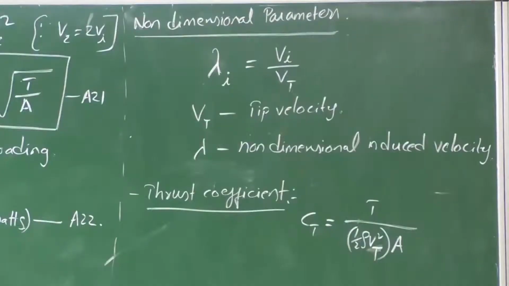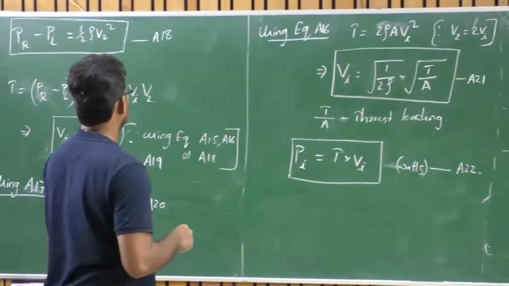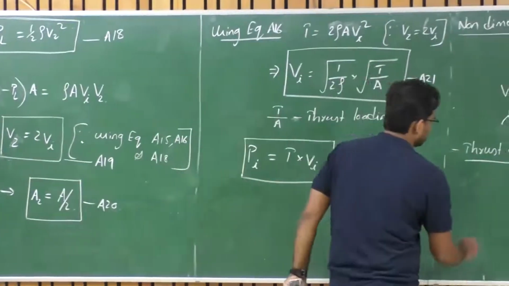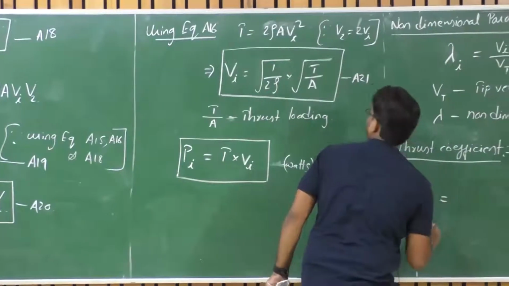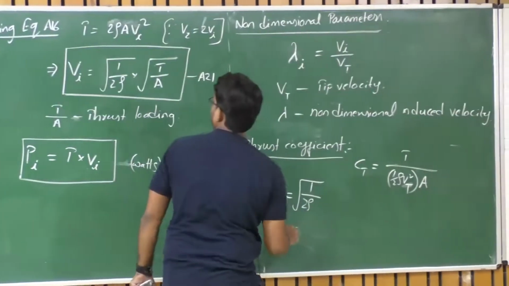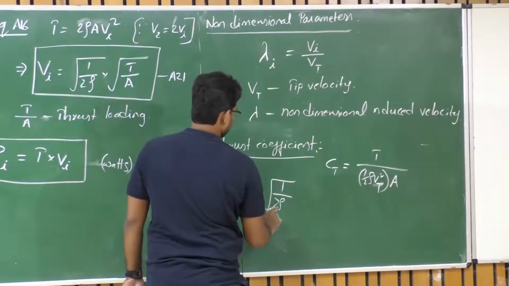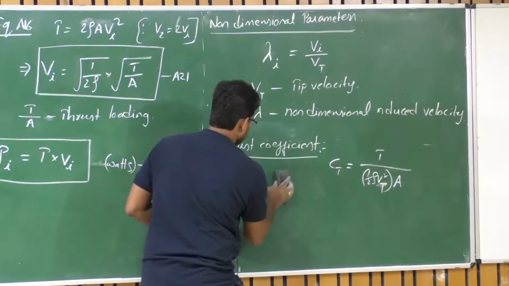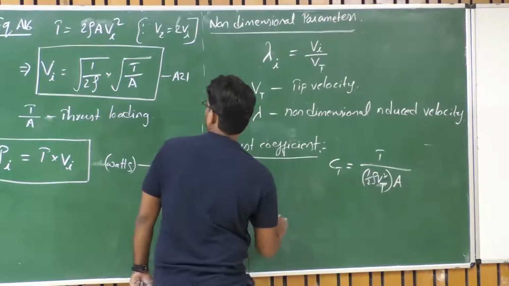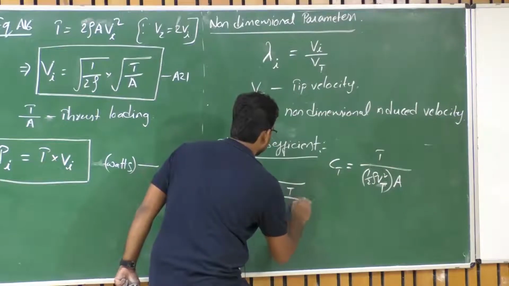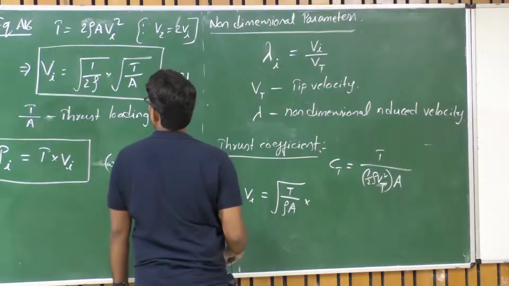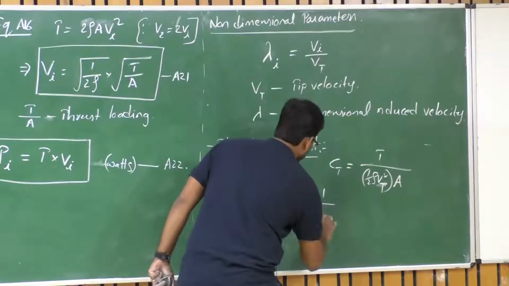And now can we rewrite this equation? So what is Vi? Vi is equal to root over T upon 2 rho A. Let me rewrite this equation: root over T upon rho A times 1 upon root 2.